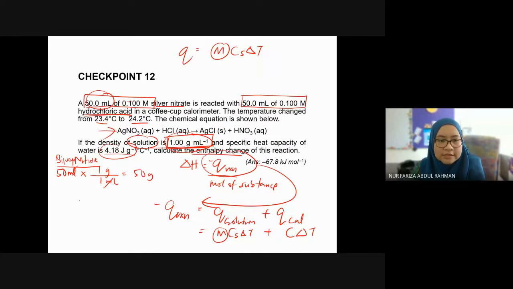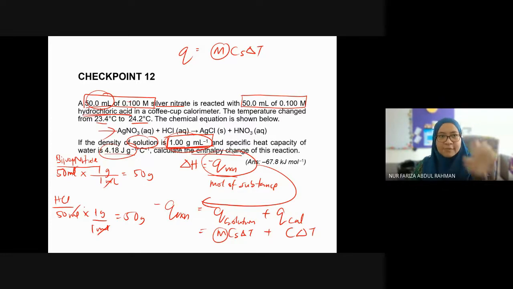of silver nitrate. And then we have HCl also, 50 mL times 1 gram over 1 mL, cancel. We have 50 gram of HCl solution. Actually, we cannot simply add 50 plus 50, unless it says to assume that the total volume is the total of silver nitrate and HCl. Because volume plus volume is not equal to the total volume.